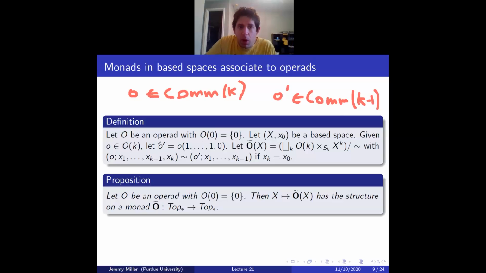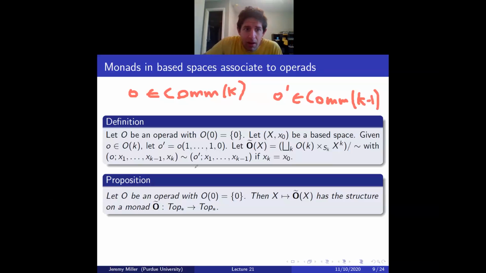And there's a formula for what O prime is, but here you can just forget that formula because Com(k minus 1) is a single point. So telling you that O prime is in Com(k minus 1) tells you exactly what O prime is. It's the unique point. In general, we care what O prime is depending on O, but it's the space of a single point, so we know what it is.